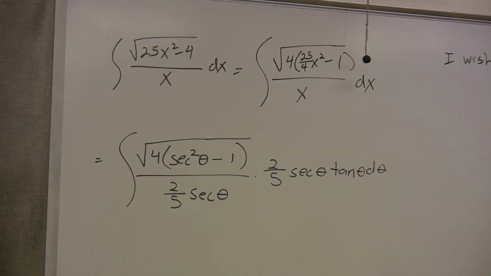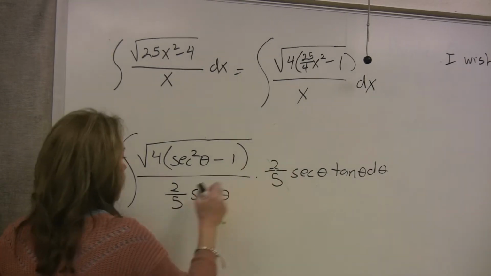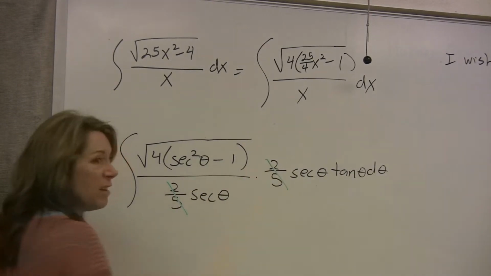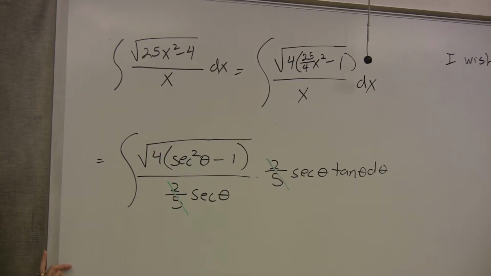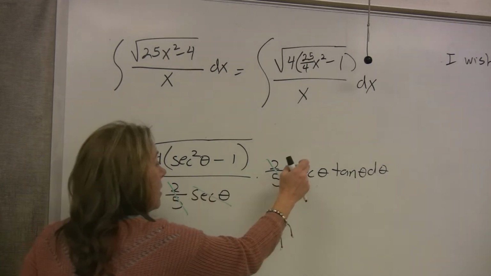So what happens here? Yeah, the 2/5 up here makes this one go away down here, the 2/5 are gone. What else? Secant as well. The secant theta and the secant theta?